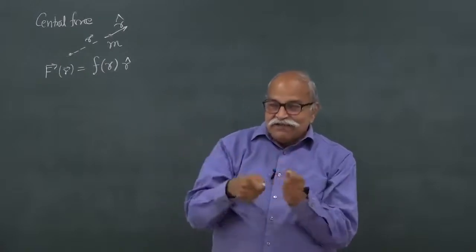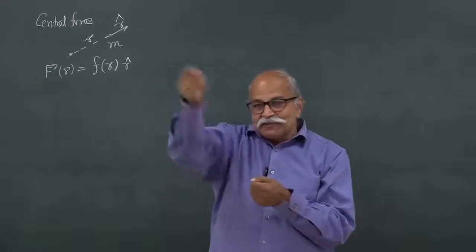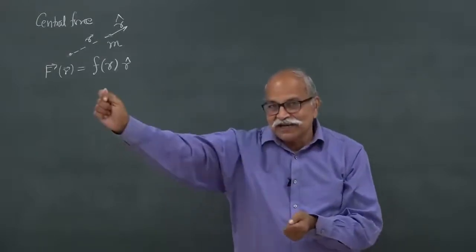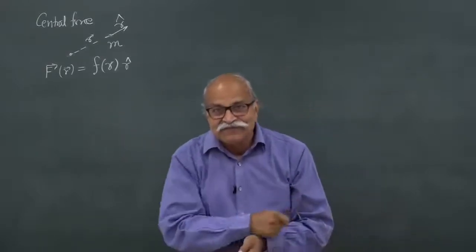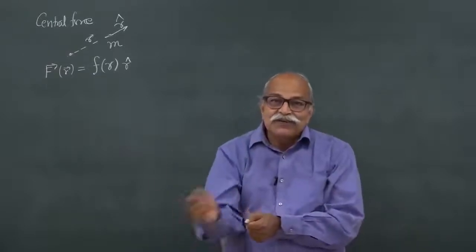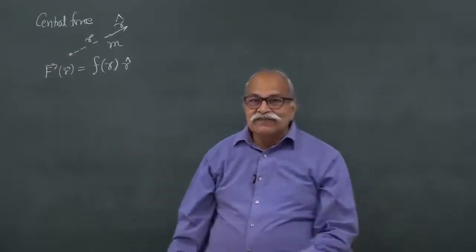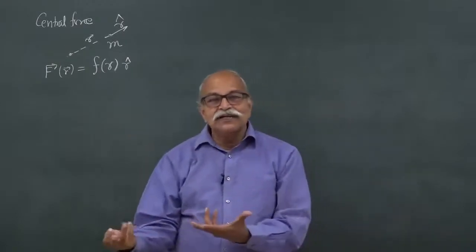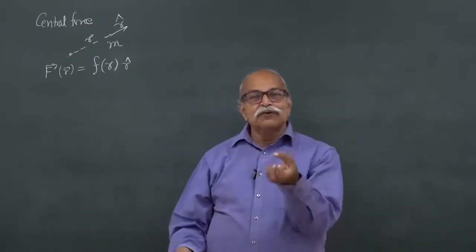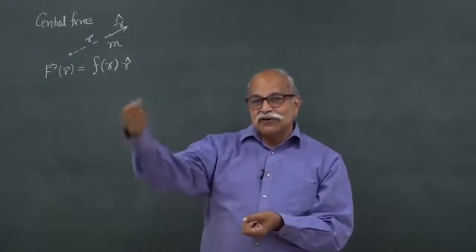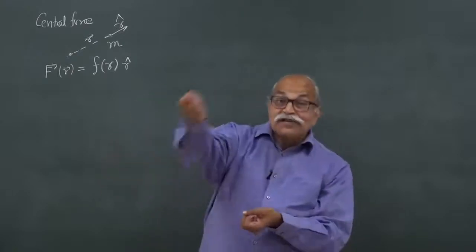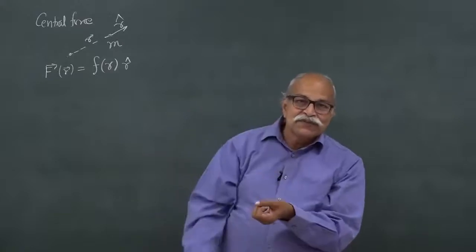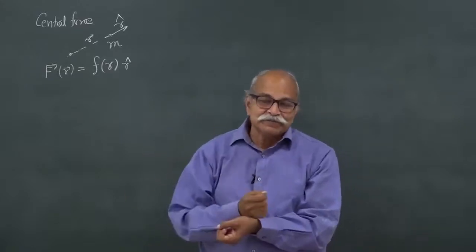The sun is given, the planet is given. So, m1, m2 is there, capital G is there. So, it depends only on r, not on the direction. Or let us say Bohr's model of atom: you have a proton and an electron, and the electron is supposed to go in some circular path.